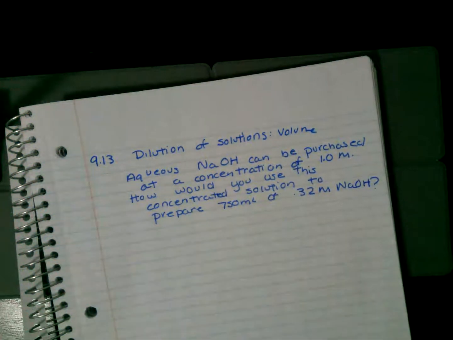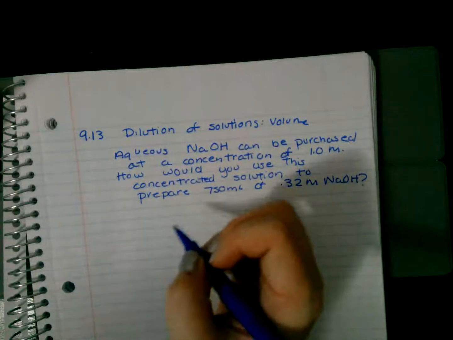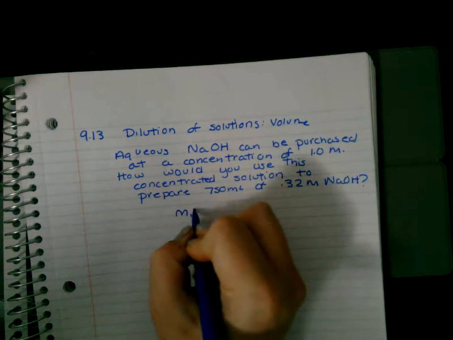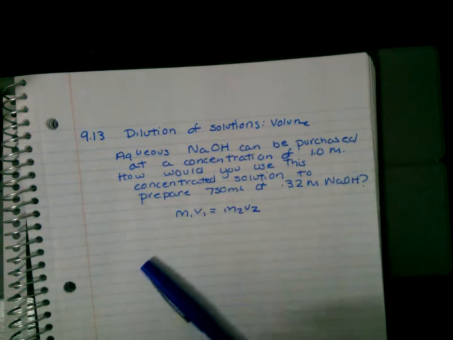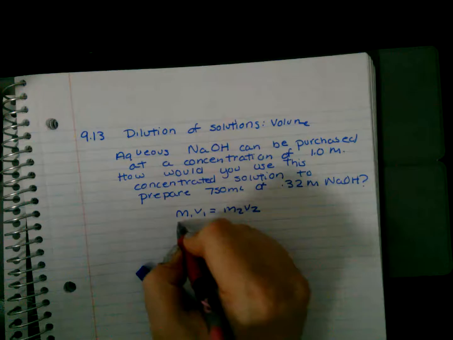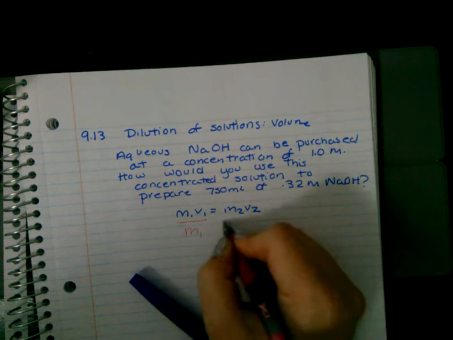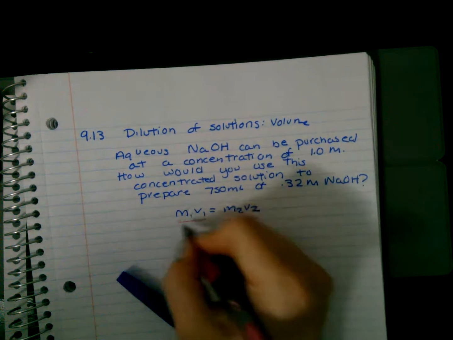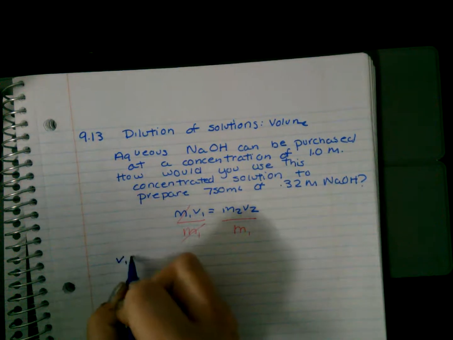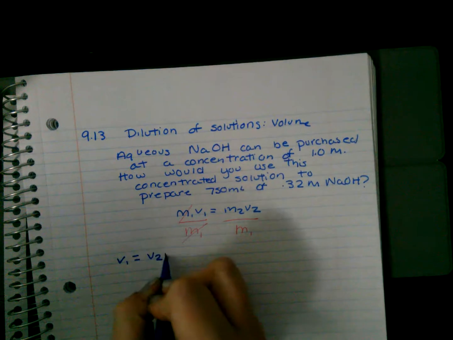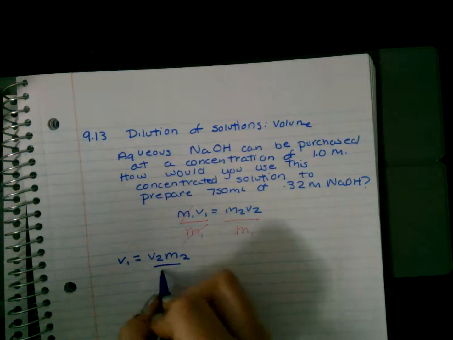So the first equation that we're going to be using is the same, so it's going to be M1 V1 equals M2 V2. But here we want to solve for V1, so you have to divide each side by M1, so then these cancel. So you're left with V1 equals V2 M2 over M1.